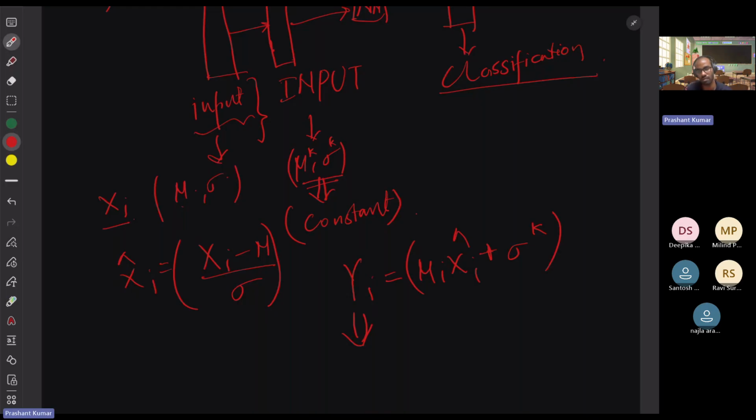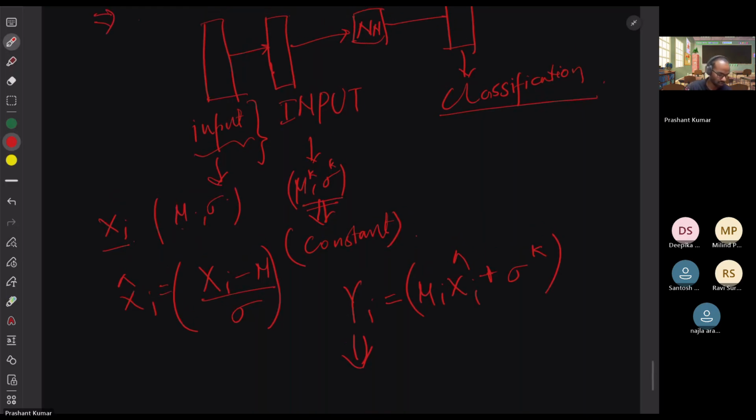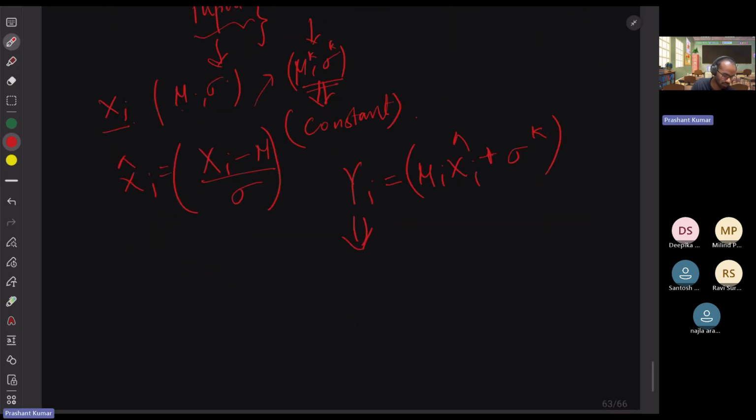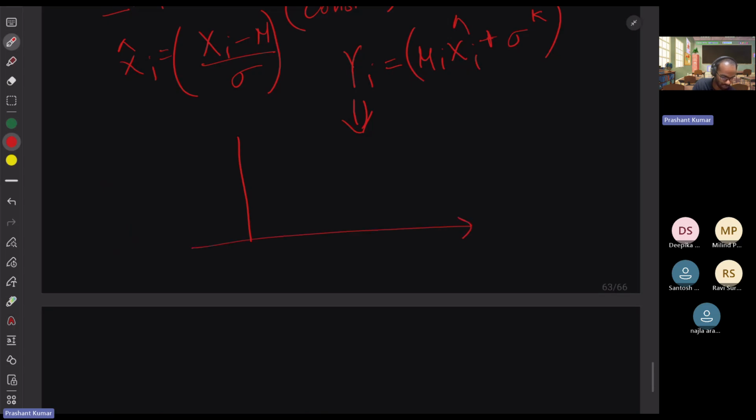My convergence will be faster. So when I am doing this, if I plot a simple space here, what will happen? These were my earlier spaces, what would they look like?